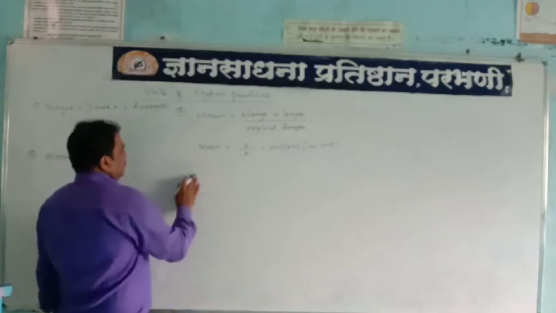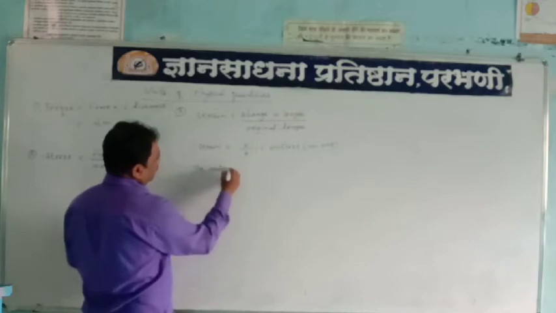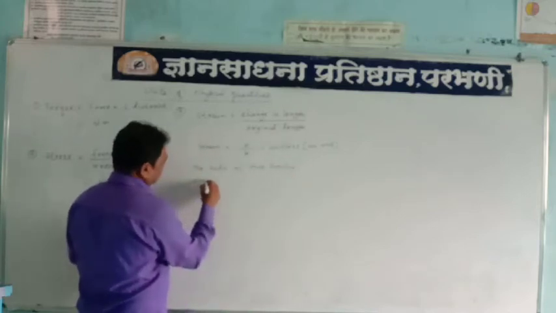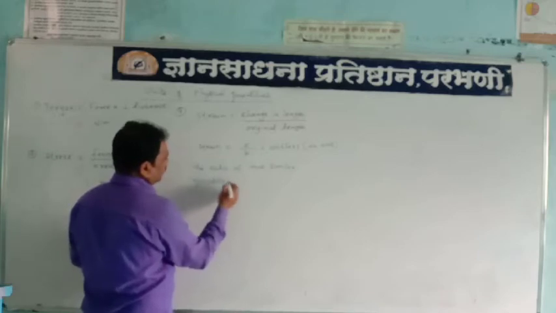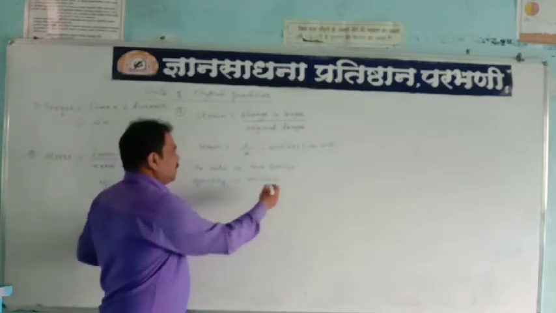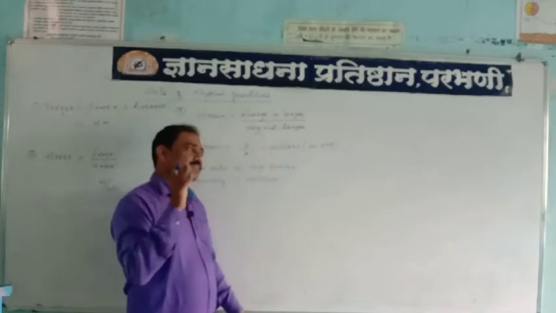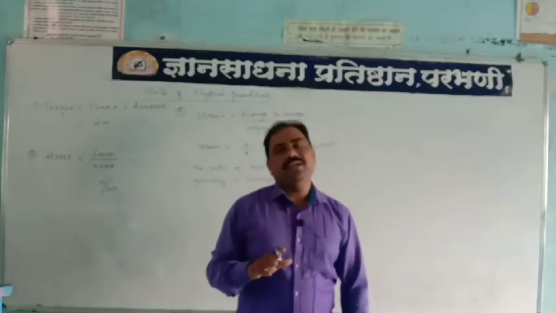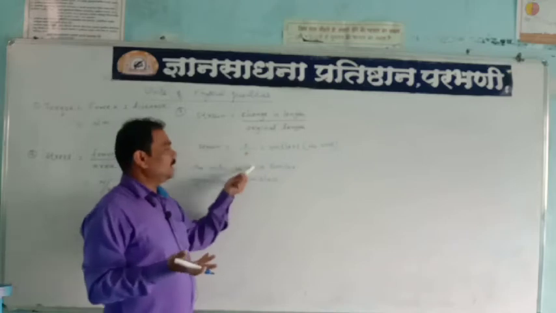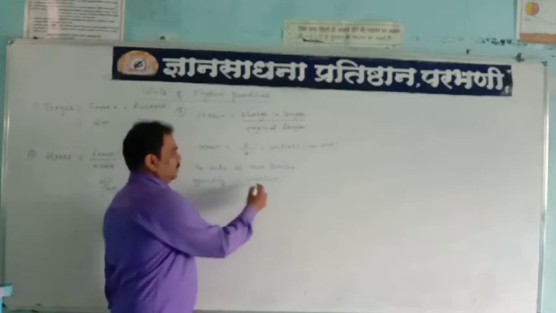So how can you memorize this? The ratio of two similar quantities is unitless. Strain is a physical quantity which is a ratio of two similar quantities, length at numerator and length at denominator, so length gets cancelled. If the ratio of two similar quantities is there, then definitely it is unitless.